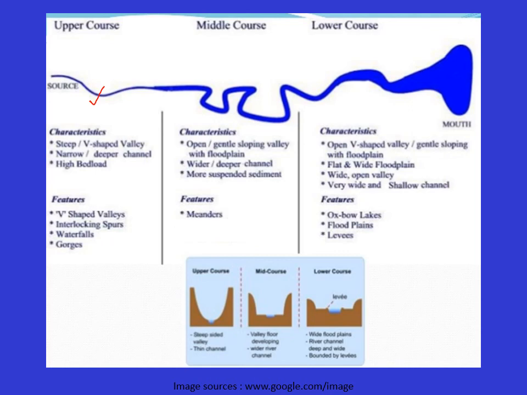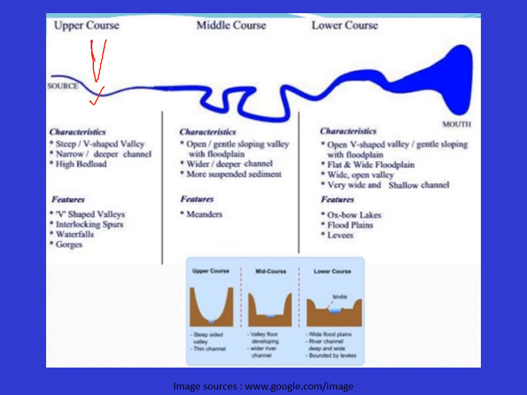But keep in mind, the river channel is always V-shaped. Sometimes it looks I-shaped, but always V-shaped, never shaped like a U. The U-shaped valleys are only found in glacial valleys.